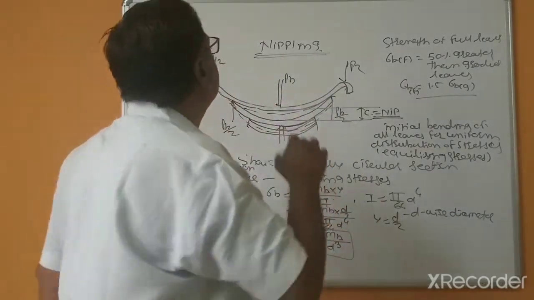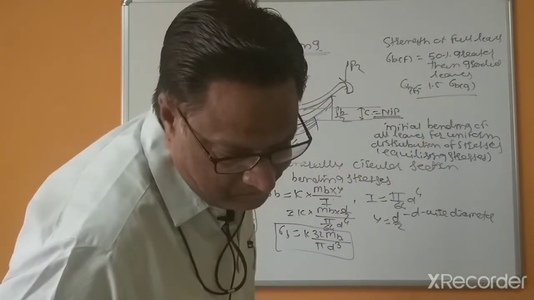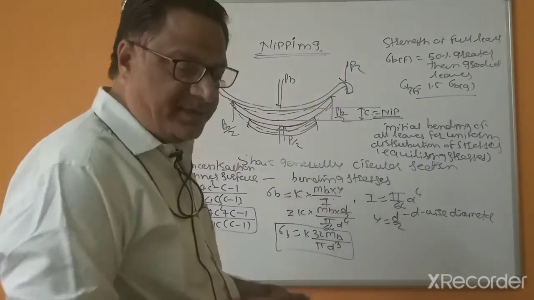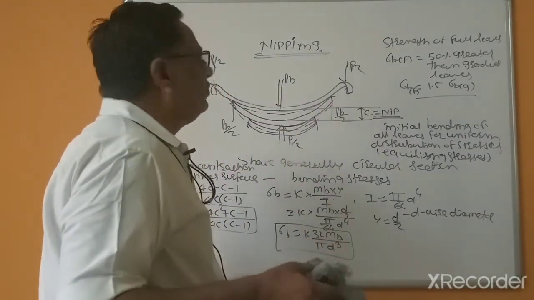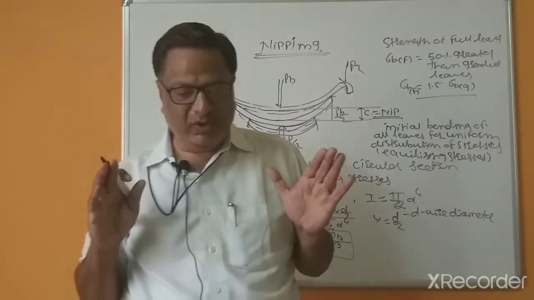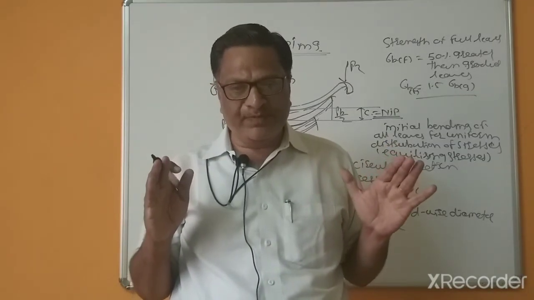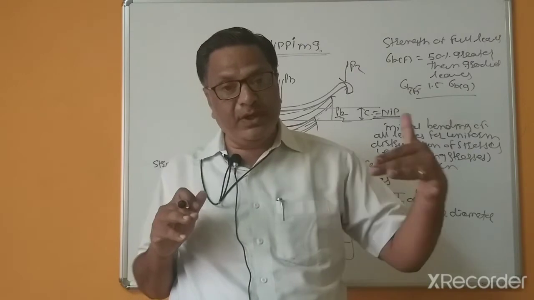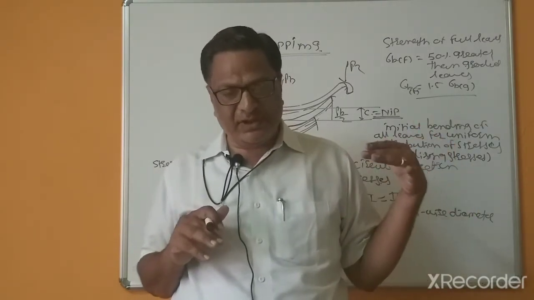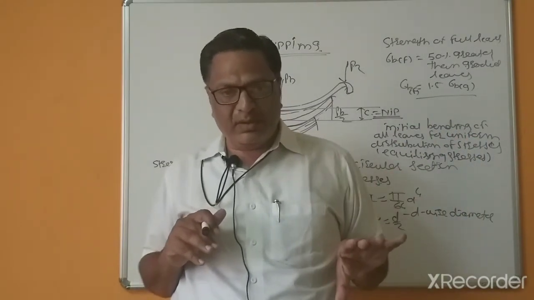So this procedure is called nipping of the springs, and this is generally for leaf springs. So now you understand the meaning of nipping, for equalizing the stresses induced in the leaves. Likewise, the same procedure as preloading of springs, pre-bending of the leaves before assembling the leaf springs.